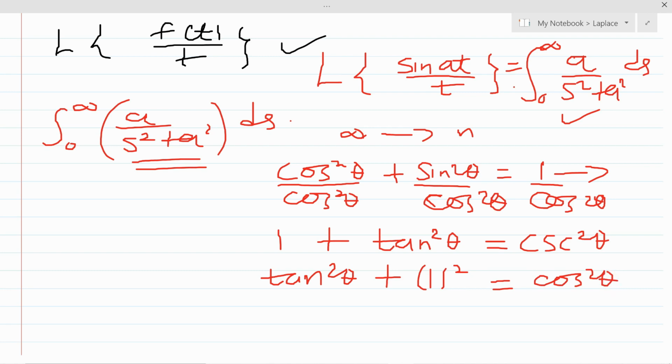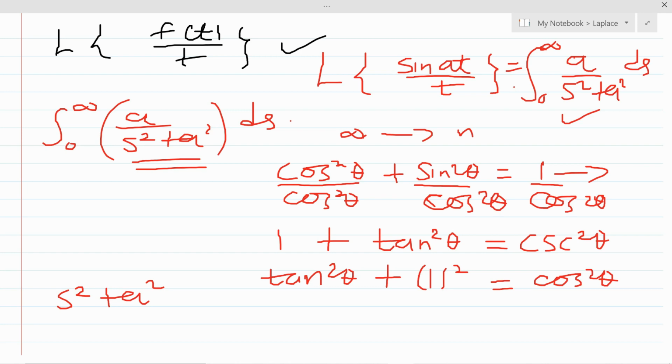So what we are going to do here is that, looking at s squared plus a squared, this looks pretty much like tan squared plus 1 squared, because in s squared plus a squared the variable is in terms of s and a is a constant. Here too, the variable is in terms of theta and 1 is a constant.